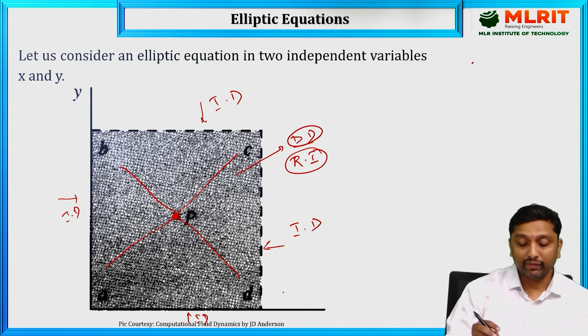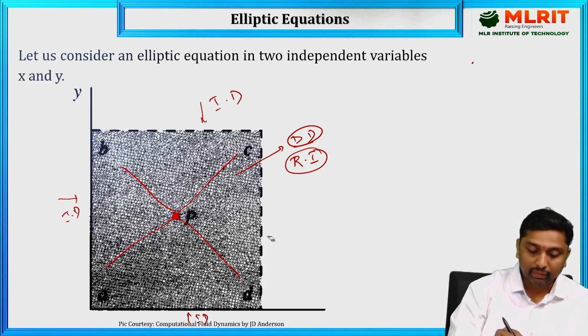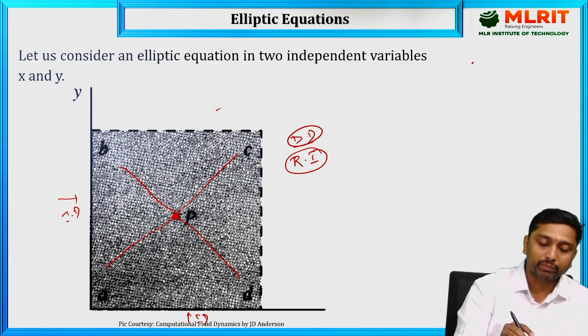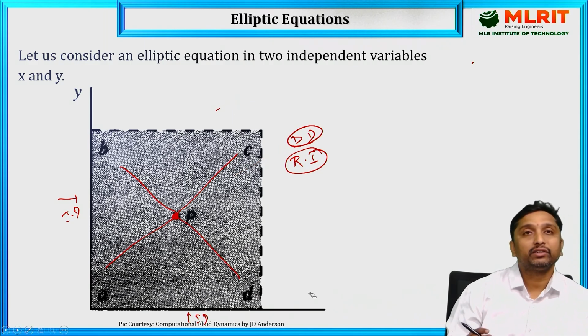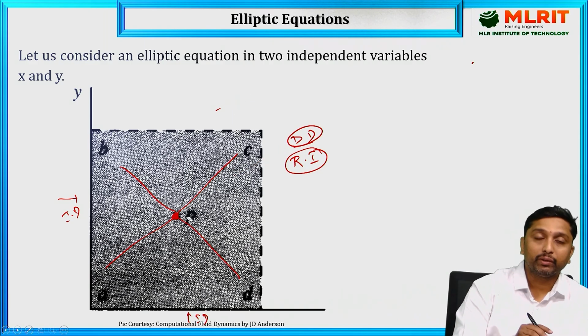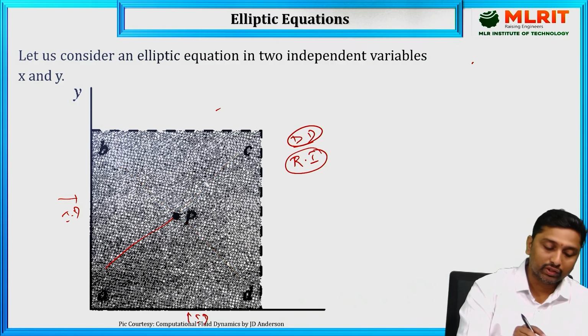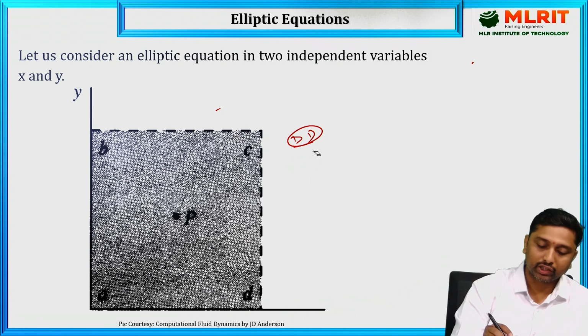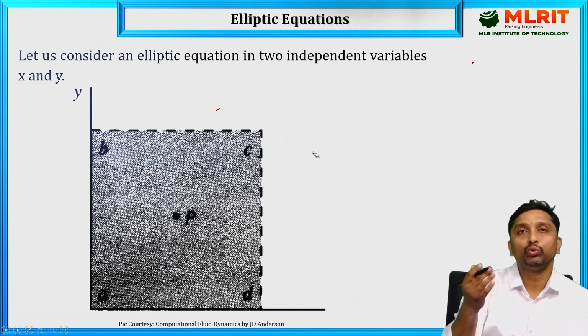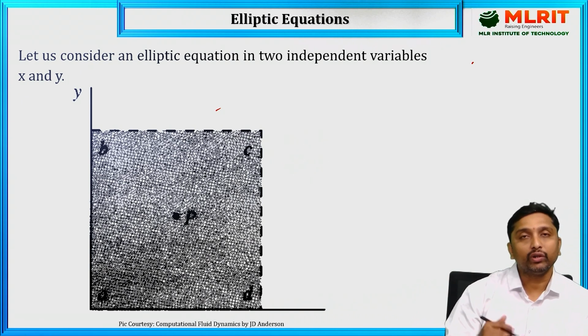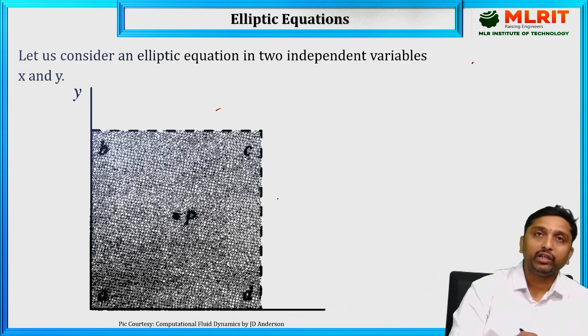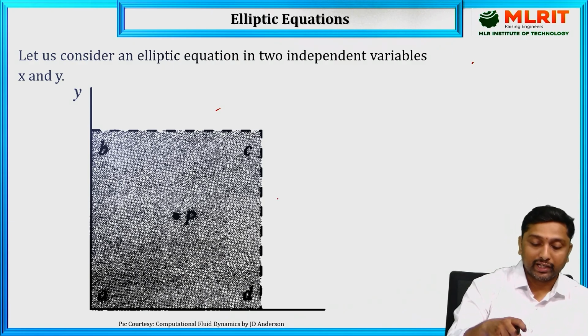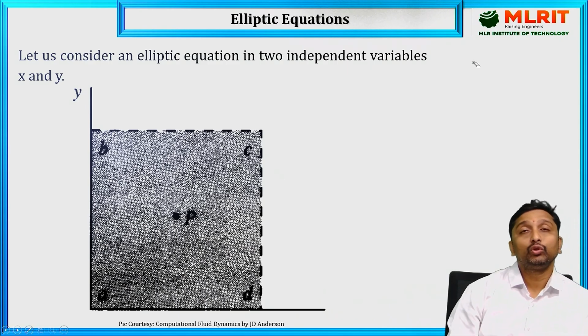So identifying the initial data line itself becomes very difficult in this scenario, as the presence of the disturbance will have influence throughout the domain. Unlike previous cases where it is restricted to a fixed region between two curves or two boundaries, now it has spread to the complete domain. That is a major difference between the previous two equations and the elliptic equation.